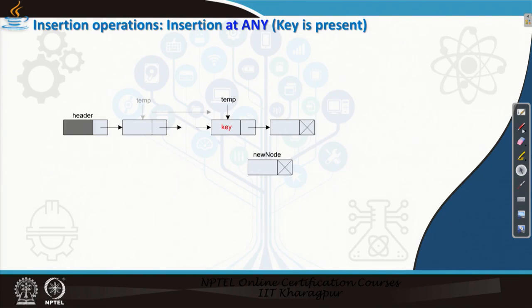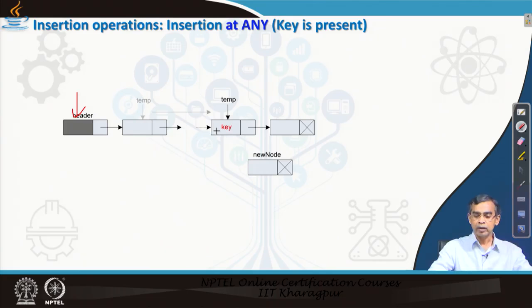Here is the pictorial concept that you can see. Starting from header, you have to first go searching whether there is a node which contains key or not. If it contains, then that is the node, so we have to come here.